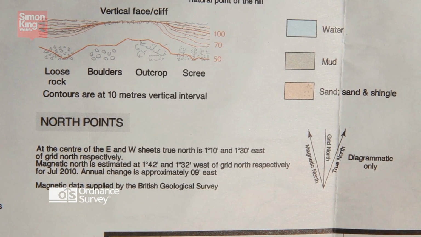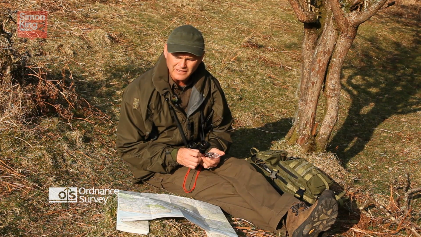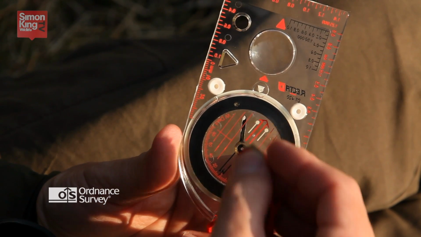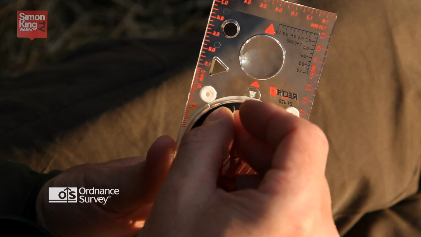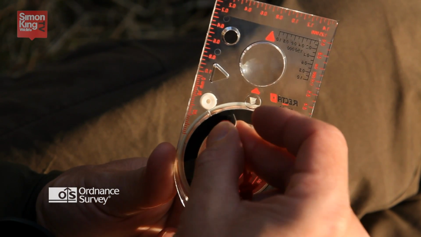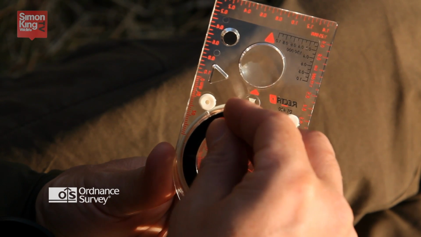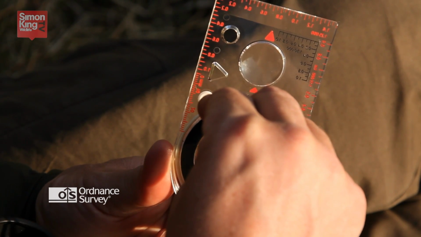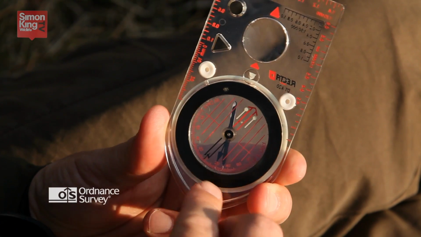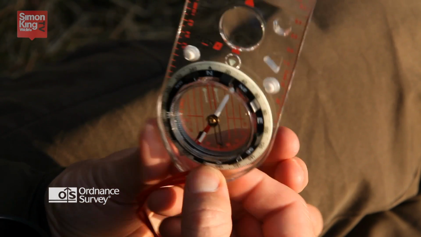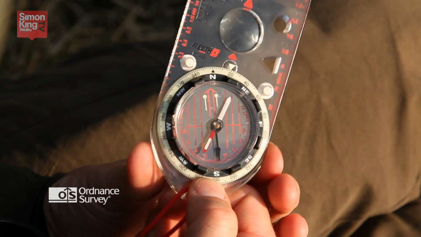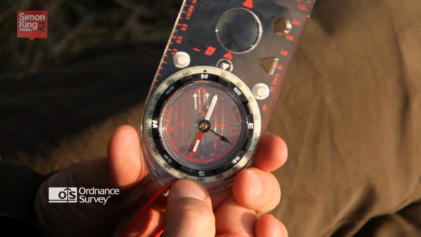My map tells me I should be 1.4, nearly 2 degrees west, and I can just twizzle this 2 degrees west, and there we are. You can see the needle of orientation is no longer exactly parallel, it's just off. That means when I come to use it to navigate, I'll be bang on target. Now you're ready to find your way.